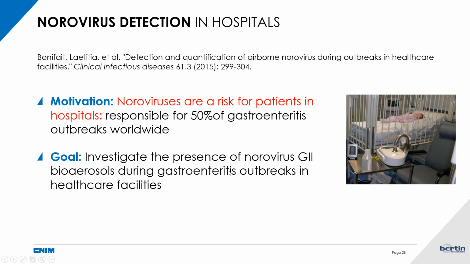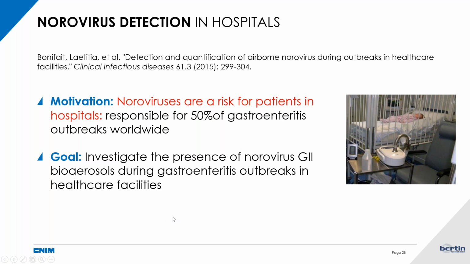We are now going to take a look at norovirus detection in hospitals. In this study, they were interested in norovirus because it is a risk for patients in hospitals, and these viruses are responsible for 50% of gastroenteritis outbreaks worldwide.